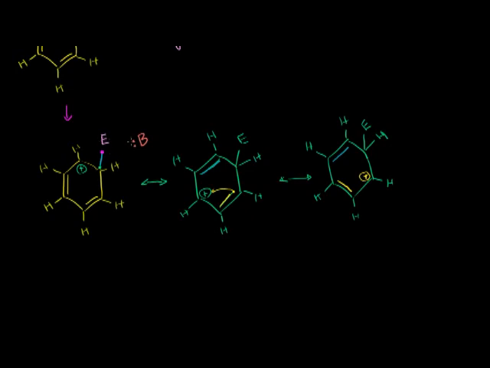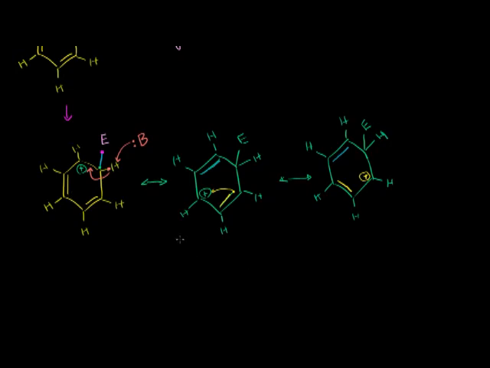So if this base nabs a proton, so it just nabs the hydrogen nucleus, then that electron that the hydrogen had, right over there, could then be returned to this carbon right there.